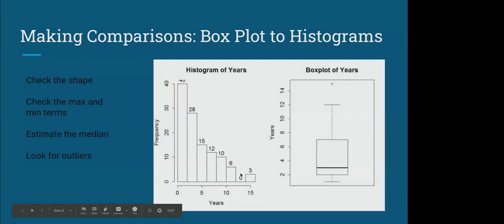And we know that the maximum of the main body of data is a little more than 10, but less than 15.